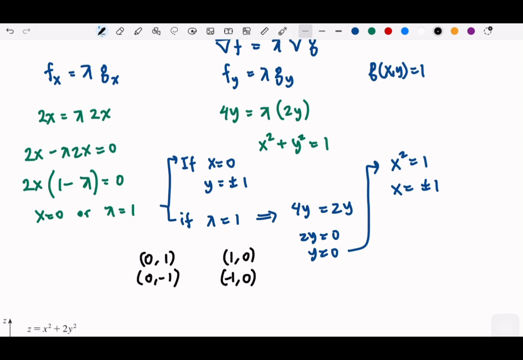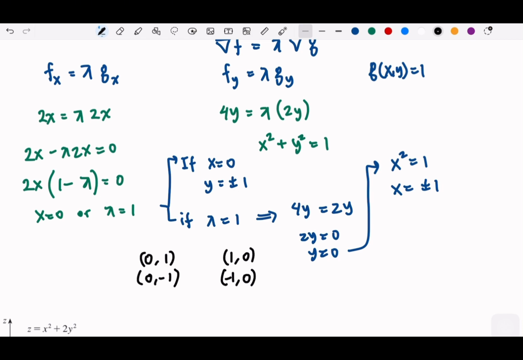And for lambda 1, we could check from this, and it turns out that y is 0, and when y is 0, x could be plus minus 1. So when x is 0, y could be 1 or -1, and when y is 0, x could be 1 or -1. So we have 4 points.